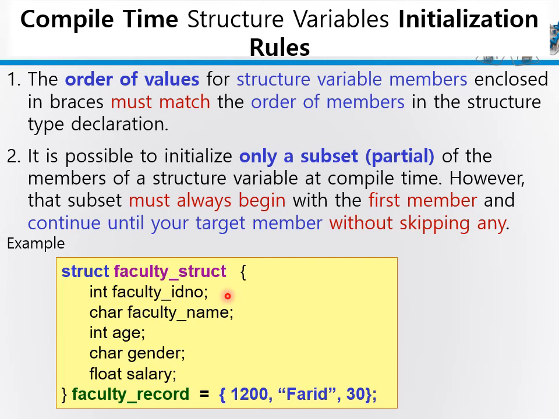For example, we have only 3 data here: the ID number, the faculty name, and the age, which is 30, without the gender and salary.